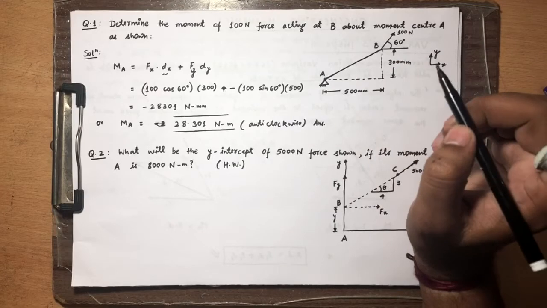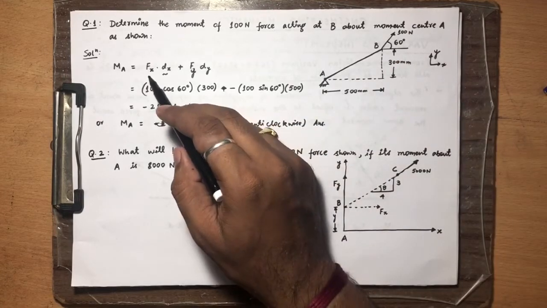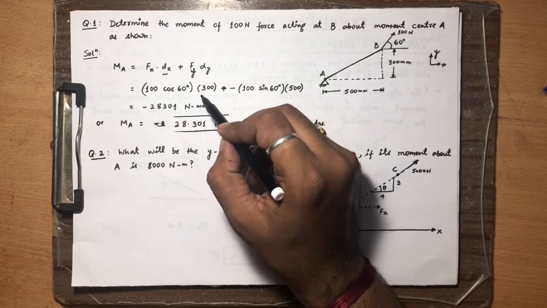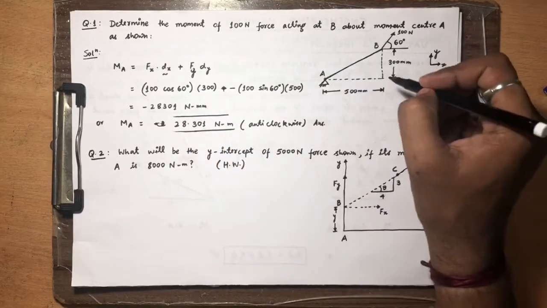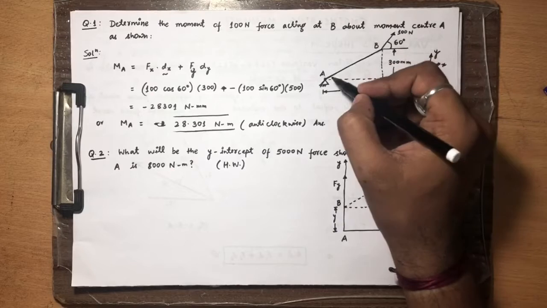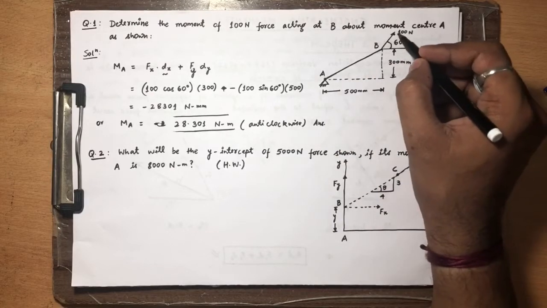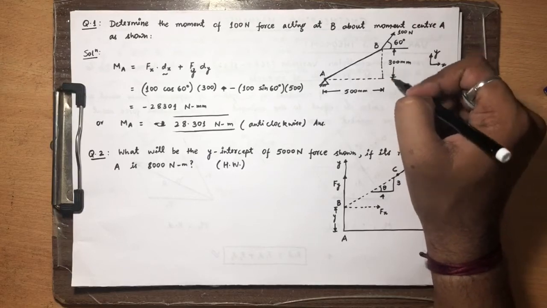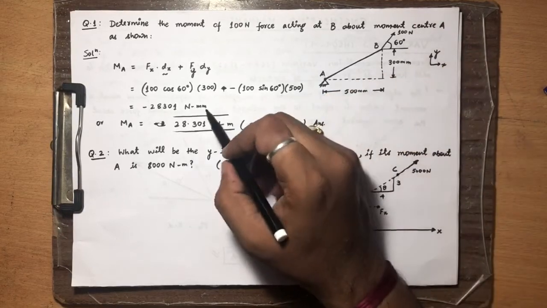One thing we have to check: when the component we are taking is x, the distance will be along the y direction. The component is 100 cos 60 in this direction, so the distance will be 300 mm.